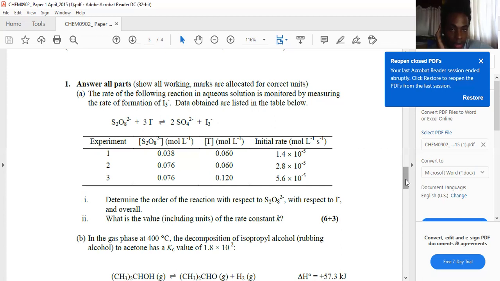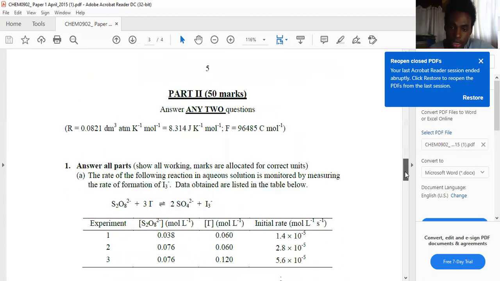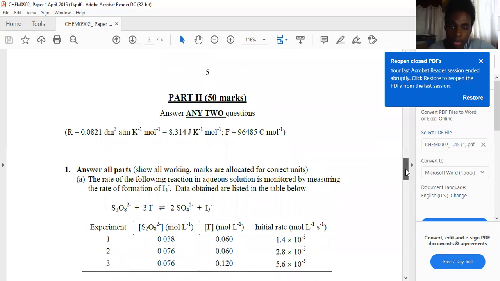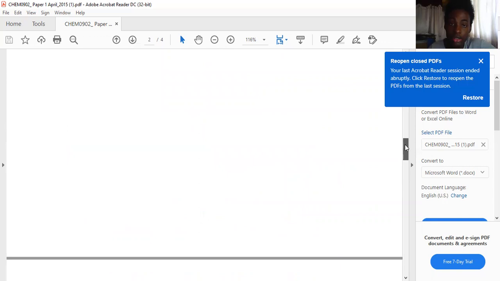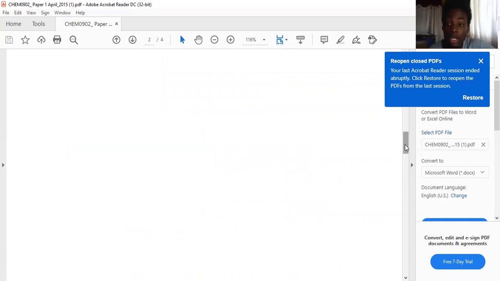For example, for the initial rate of reaction, you use the initial rate of reaction of experiment 1 only. The molar concentration of sodium sulfate, you use that only in experiment 1, and the molar concentration of iodine, you use that only in experiment 1 as well. So I'm just going to write that out.